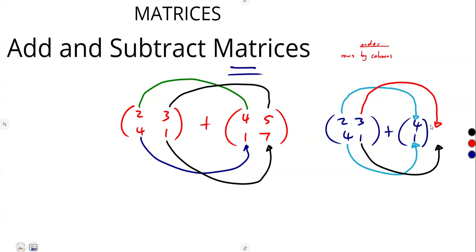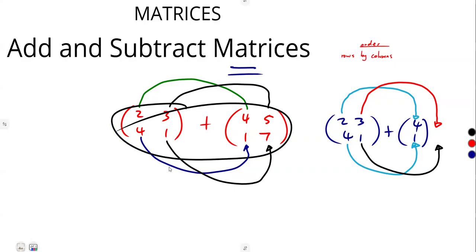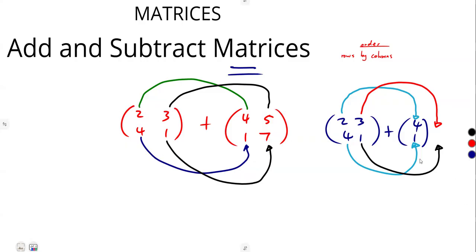All right? So it is only when the order is the same that addition and subtraction are possible. If the order is different, addition and subtraction is not possible. If it was going to be like this, let's say we have another part, 5, 1, then 7, 2.